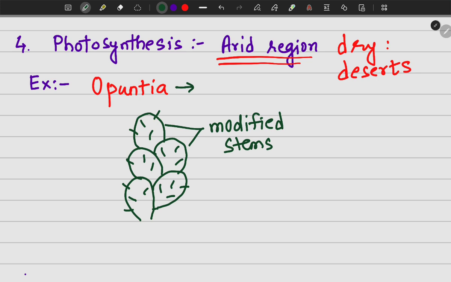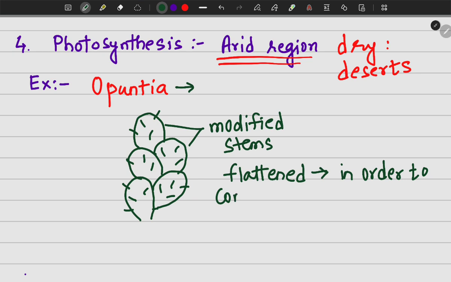So in Opuntia, these stems get flattened. Why do they get flattened? Because the region is dry, the temperature is very high. So in order to conserve water, they get flattened, and they also carry out photosynthesis.